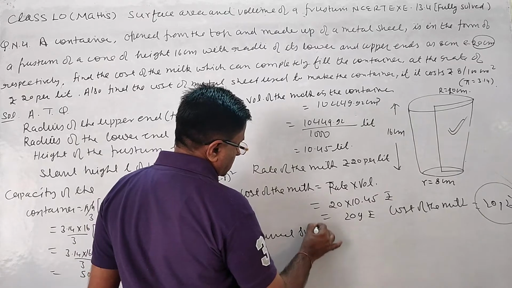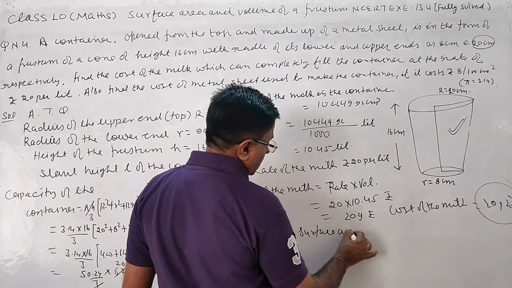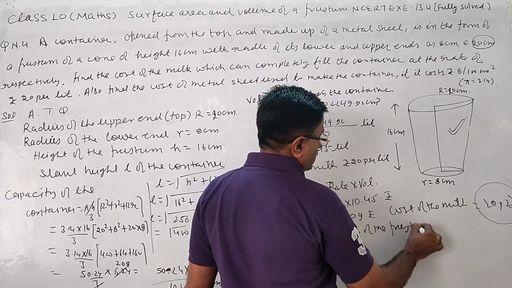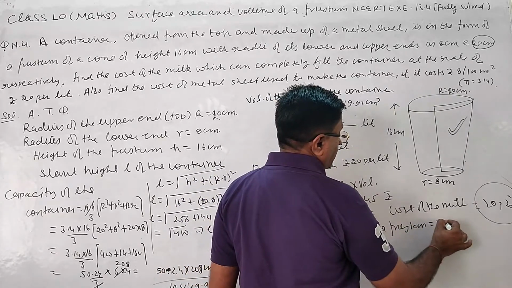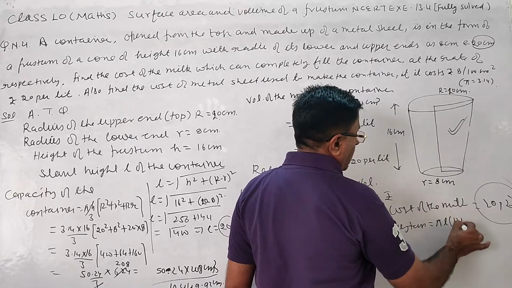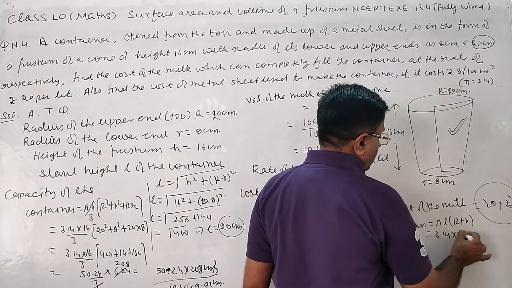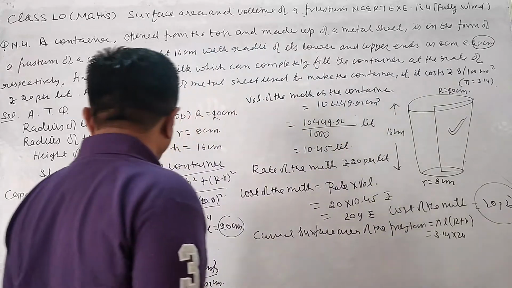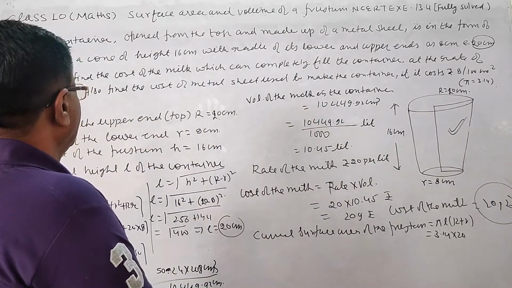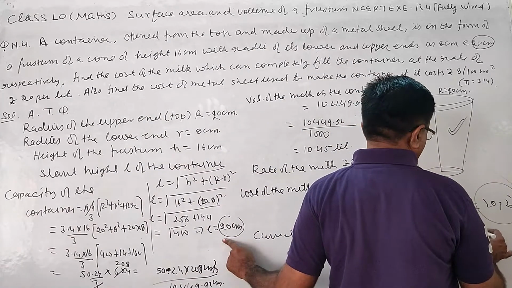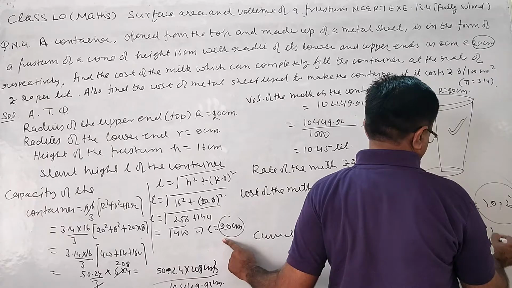So we can write here the curved surface area of the frustum. We know the curved surface area formula is pi (R + r) L. Pi is 3.14, L we get as 20, capital R is 20, small r is 8.